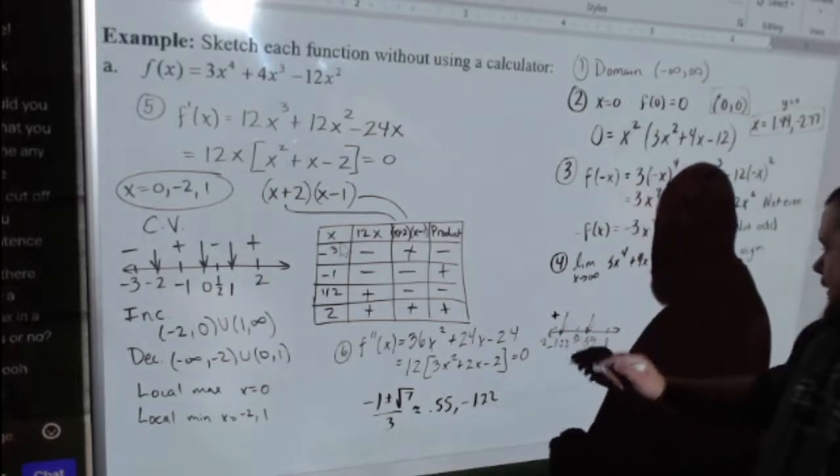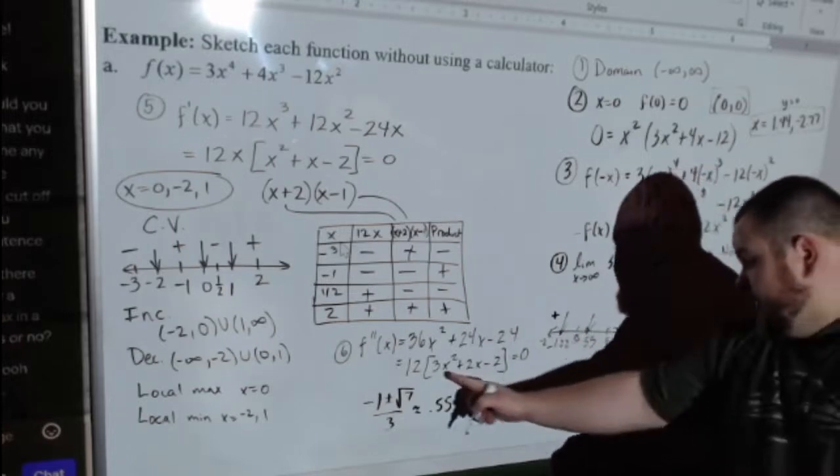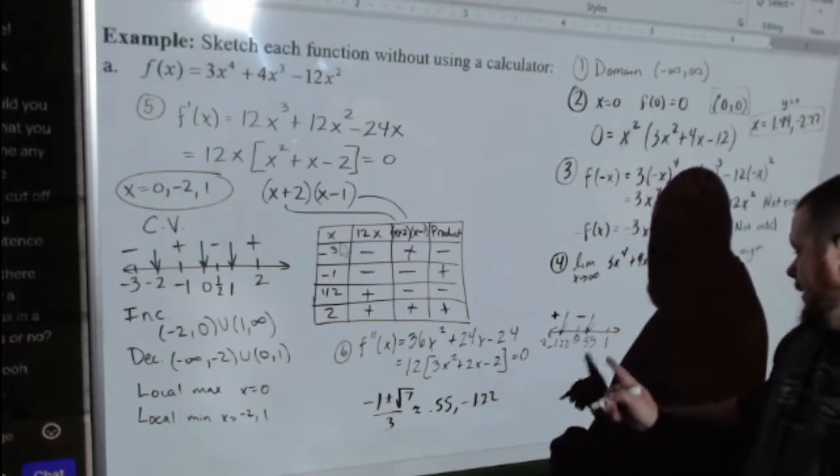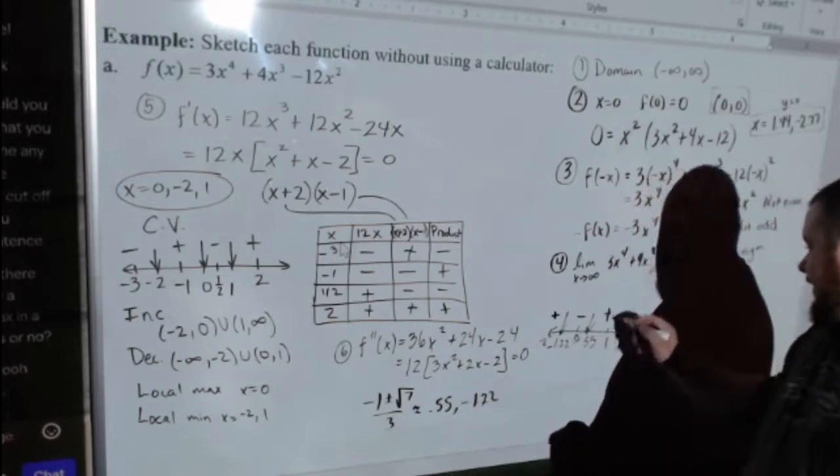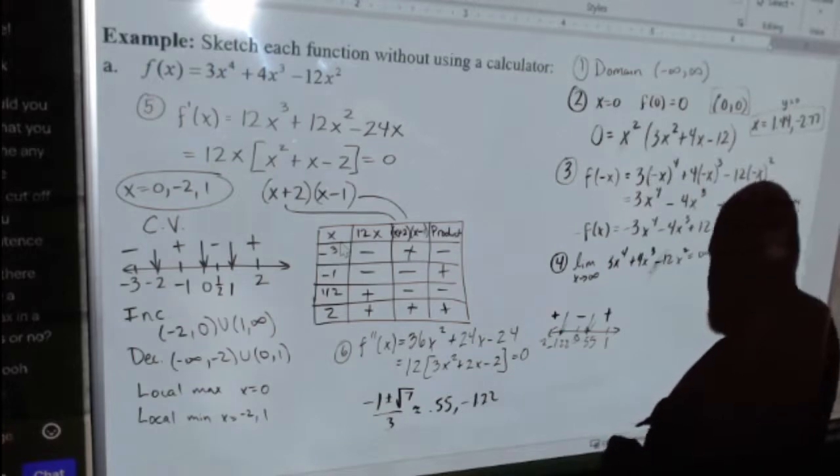Positive there. If I plug in 0, we get a negative. And if I plug in 1, I get 3 plus 2 minus 2. Looks like it's positive again. Whew, okay.